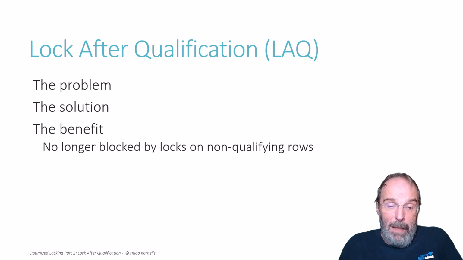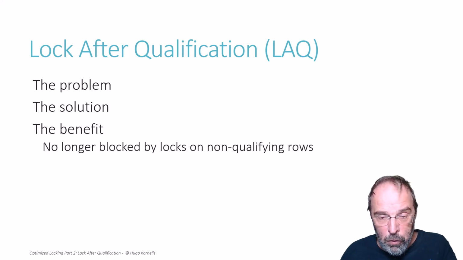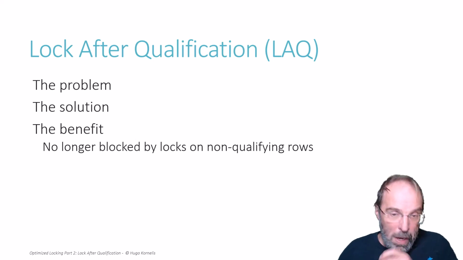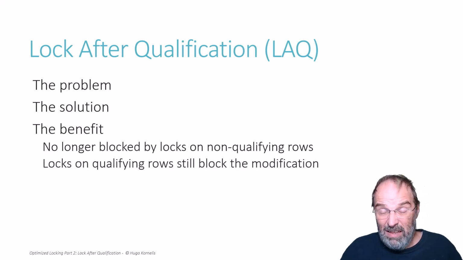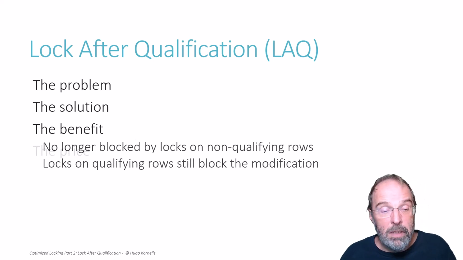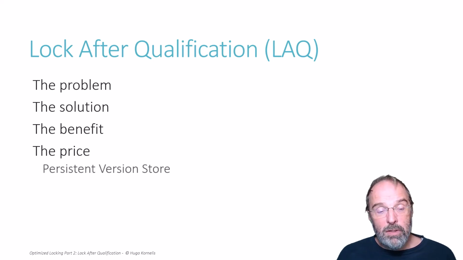So, like I showed in the demo, if there are locks on rows that will not qualify, then even though we do read them in the update statement, we don't have to wait for that lock to be released. If there is a lock on a row that does qualify, then we still have to wait, as we should.